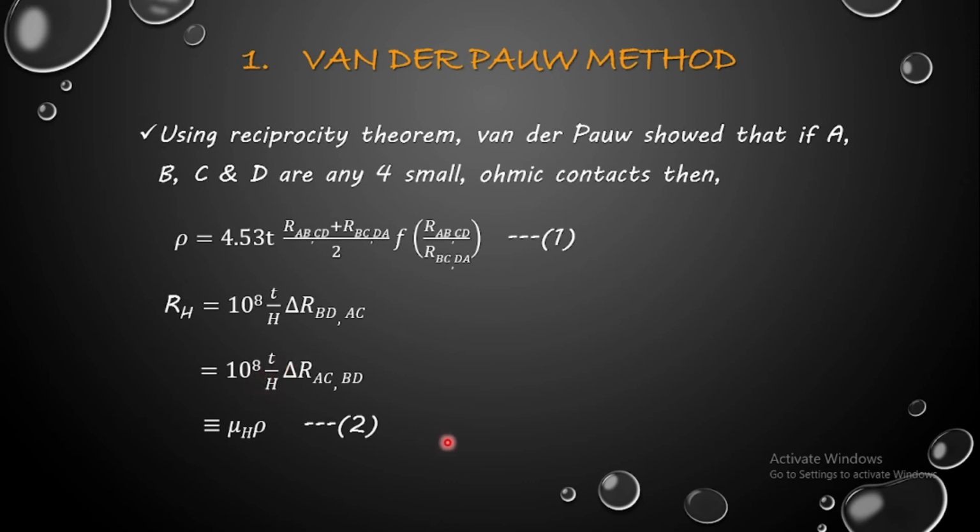So this is the approach given by Van der Pauw, where we can tune the setup to find the resistivity and Hall coefficient, and finally, whichever thickness we require can be set, and accordingly we can find the corresponding resistances.